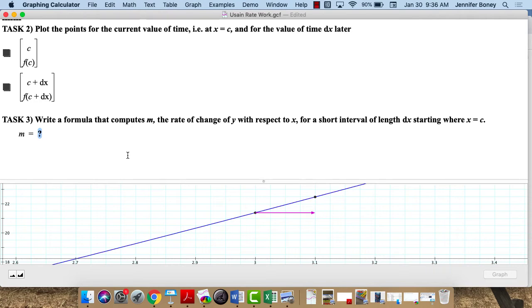Since it's approximately a line, this looks approximately like algebra 1, just messier. Rate of change of distance with respect to time in our context, or y with respect to x in general, meaning dy over dx, that ratio.